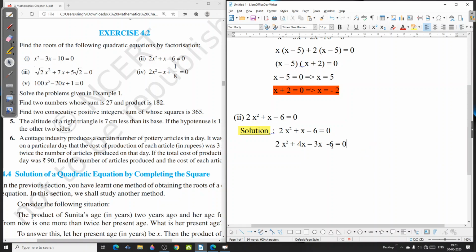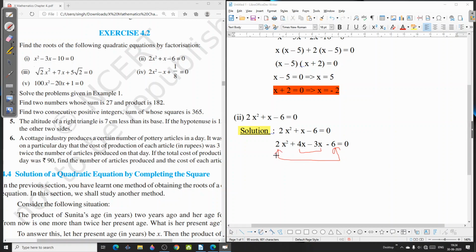Let me explain this concept again, because it is a very important one. Here you can see that 4 into minus 3 is how much? Minus 12. And when you add them, what we get is 1. Also 2 into minus 6 is minus 12.